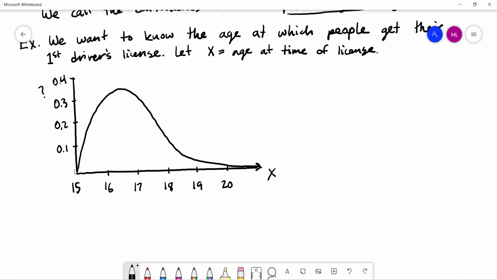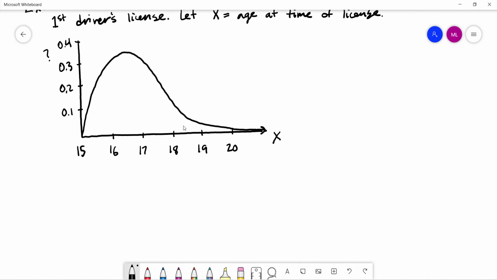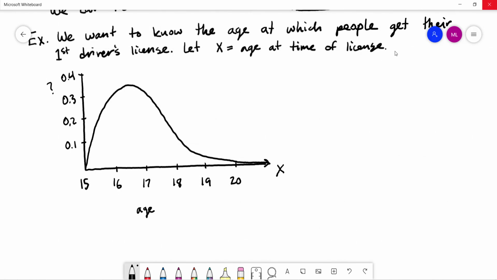And you can see, again, we're representing this as a smooth curve. So on the bottom down here, we have the age at the time of the first license. And over here, we have something that's related to probability, but it isn't exactly probability. So we'll look at that in a minute. Let me just leave this blank, and then we'll talk about it in a minute.